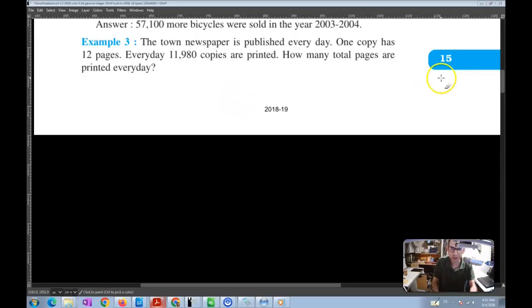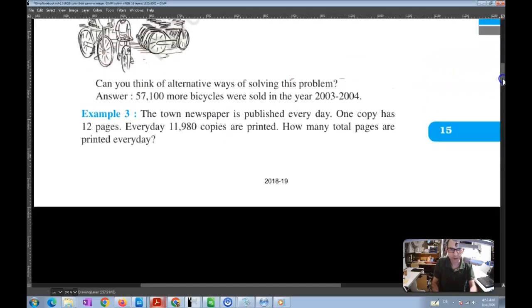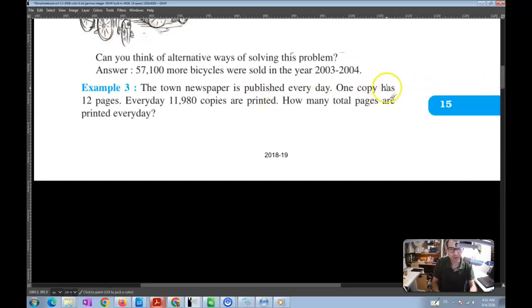What that is, is that we know that one copy has 12 pages. So I can write this as, for example, 12 pages per copy.